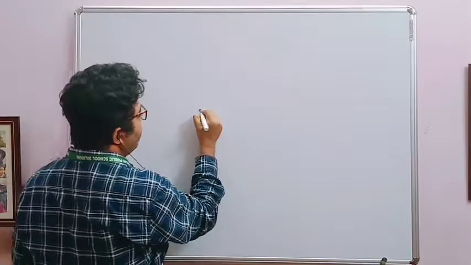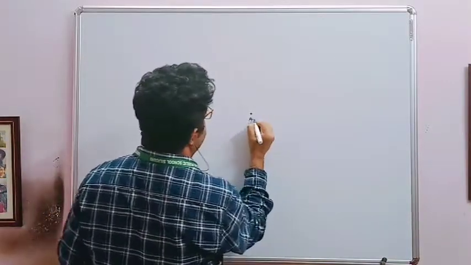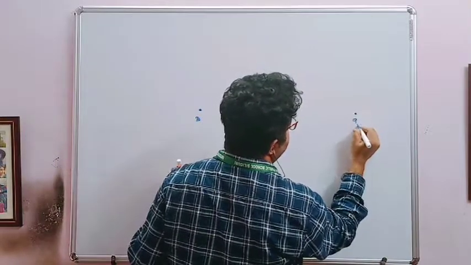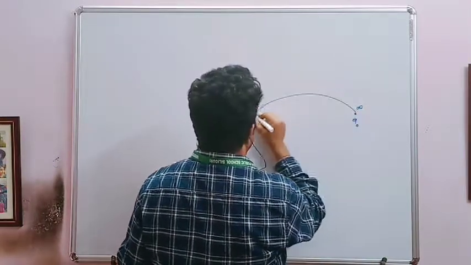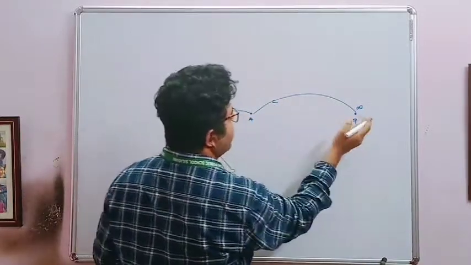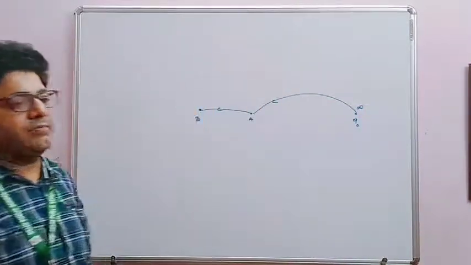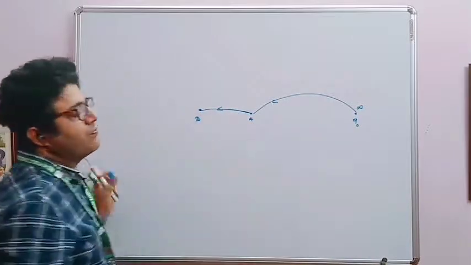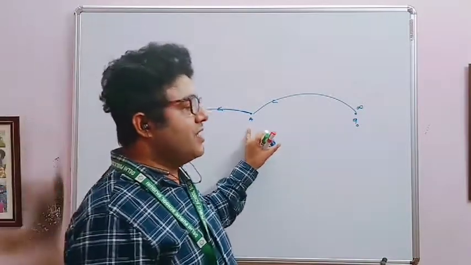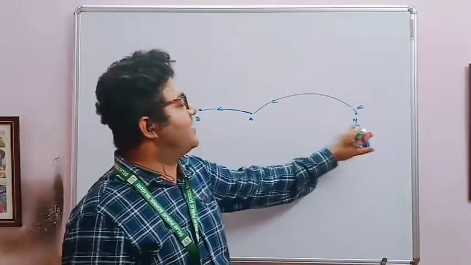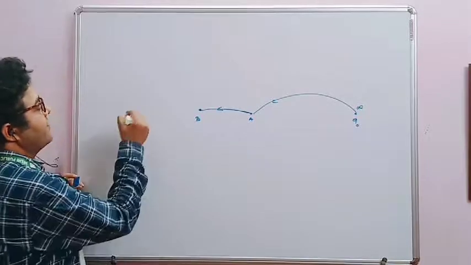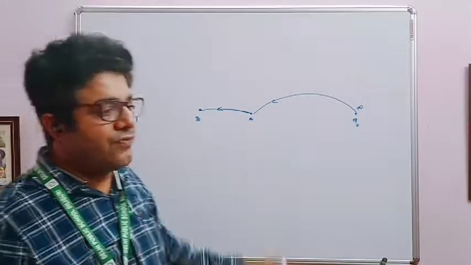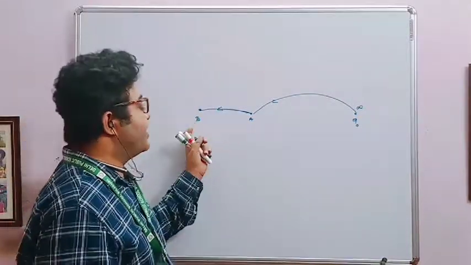Suppose this point is A, this point is B, and suppose we bring a test charge from infinity to A and then B, or you can say from A to B. So basically we move from A to B. B is the final position and A is the initial position, and as they are different positions, from a charge particle Q, we have the potential difference.